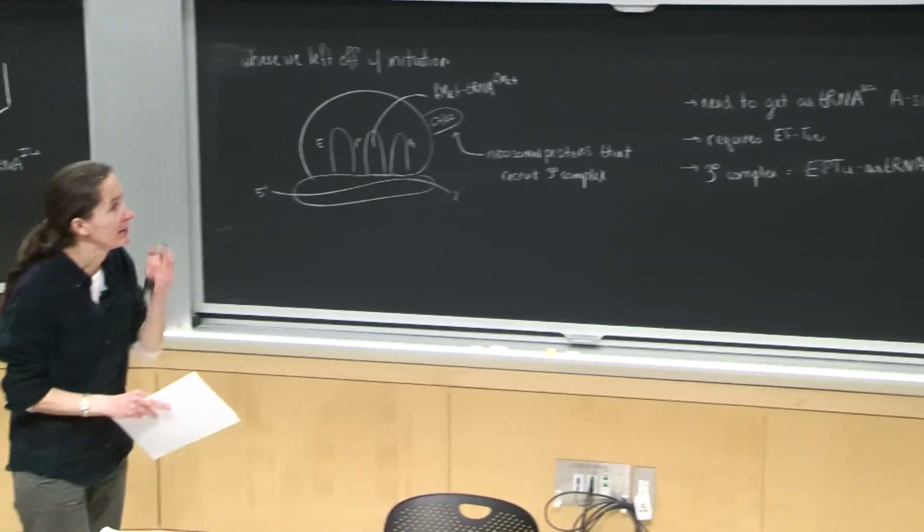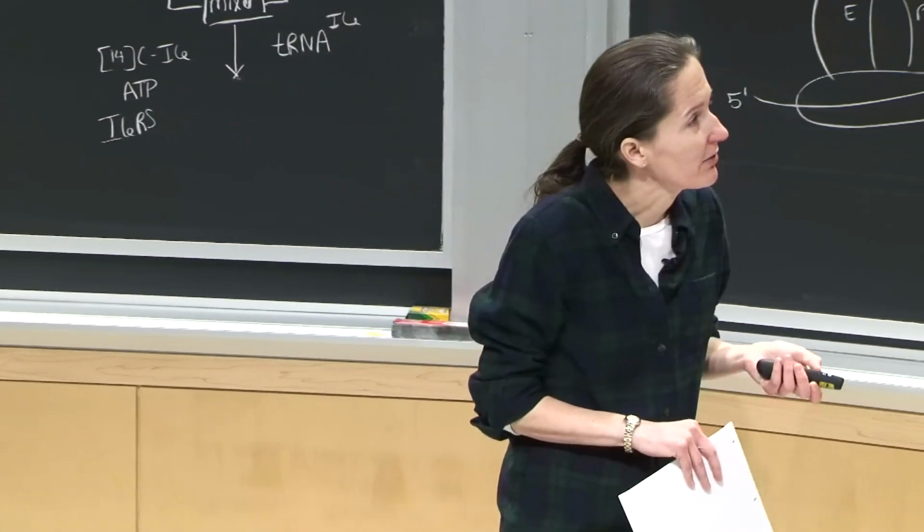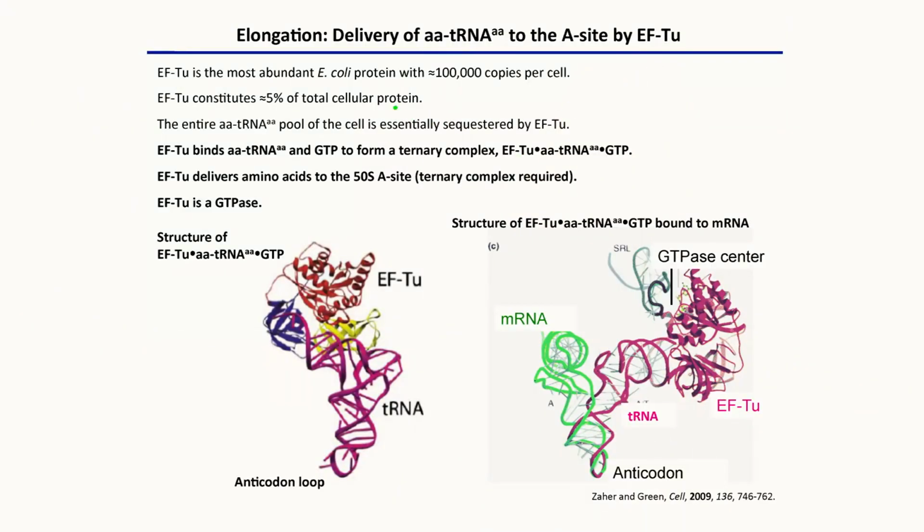So a little bit about EF-Tu. In E. coli, EF-Tu is the most abundant protein. So there's tons of EF-Tu, approximately 100,000 copies per cell, about 5% of total cellular protein. As I just said in response to a question about these tRNAs in the cells, we can think about this entire aminoacylated tRNA pool as being sequestered by EF-Tu.